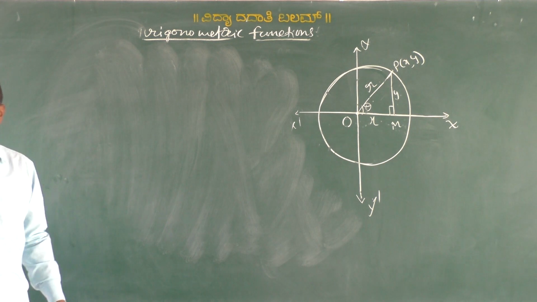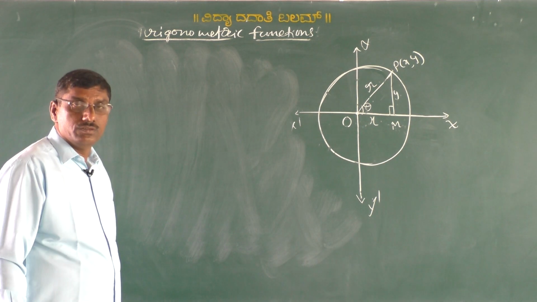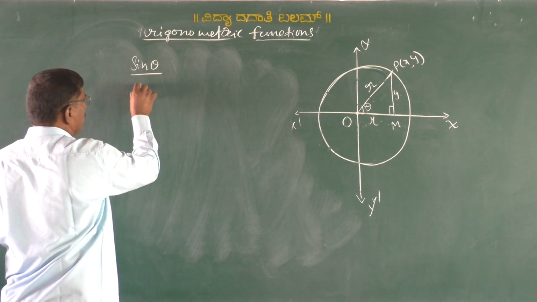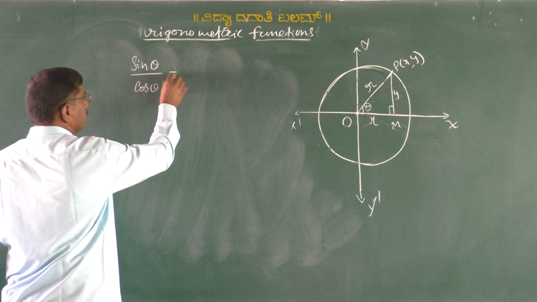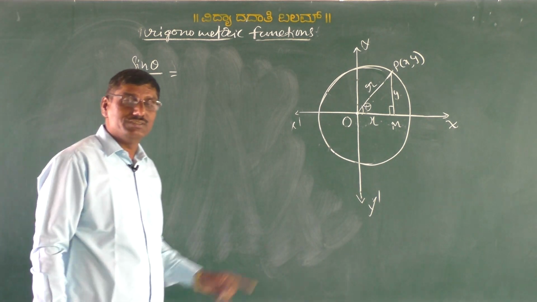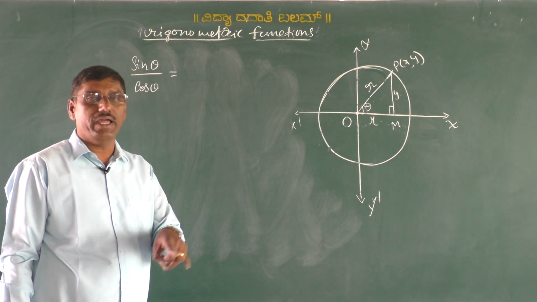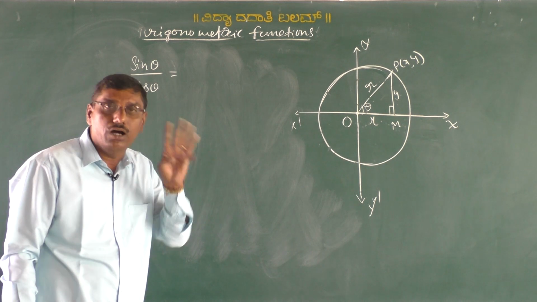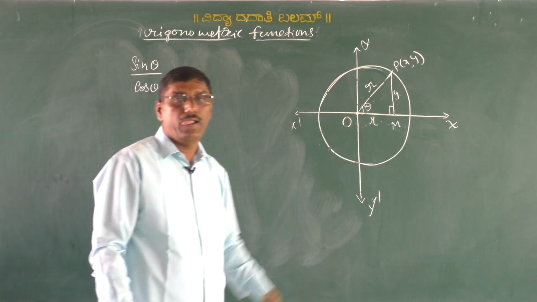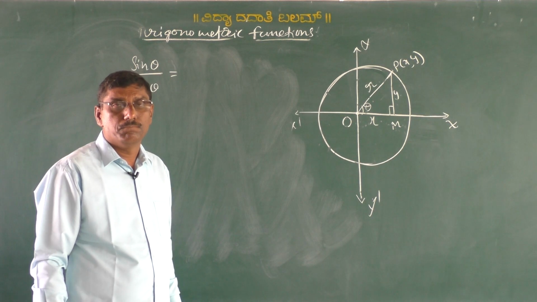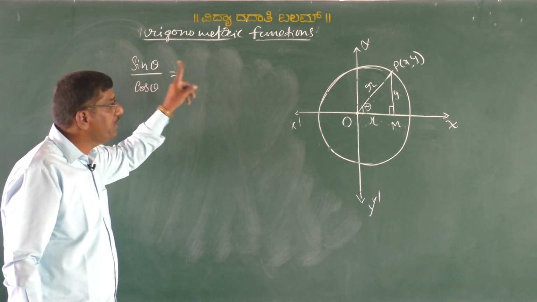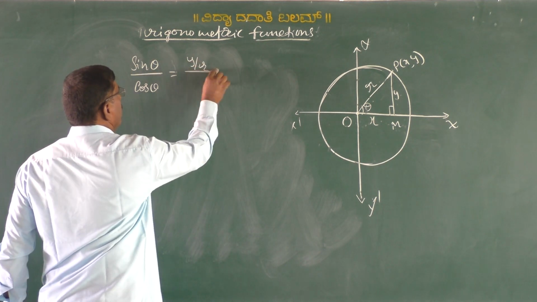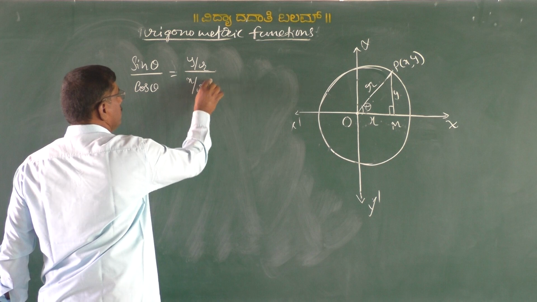How? Here, sin theta by cos theta. You know, my dear students, by the definition of sine with respect to an acute angle, sin theta is y by r, whole divided by x by r.